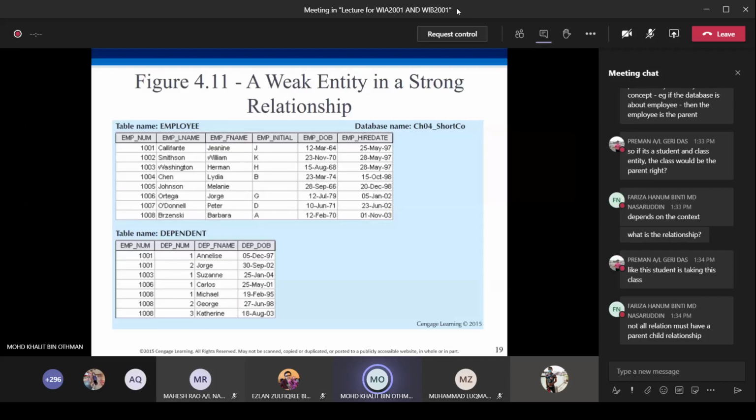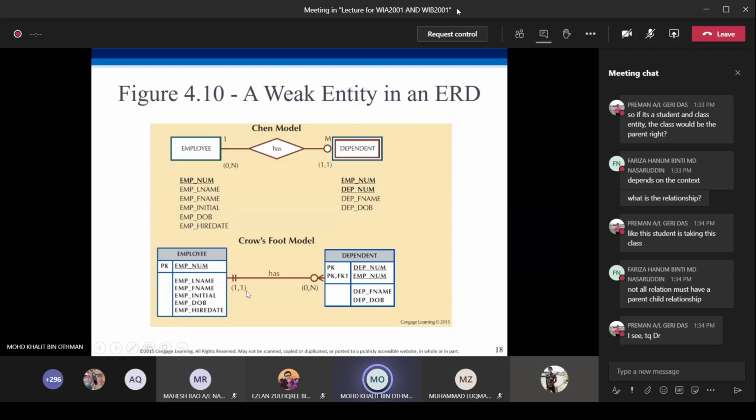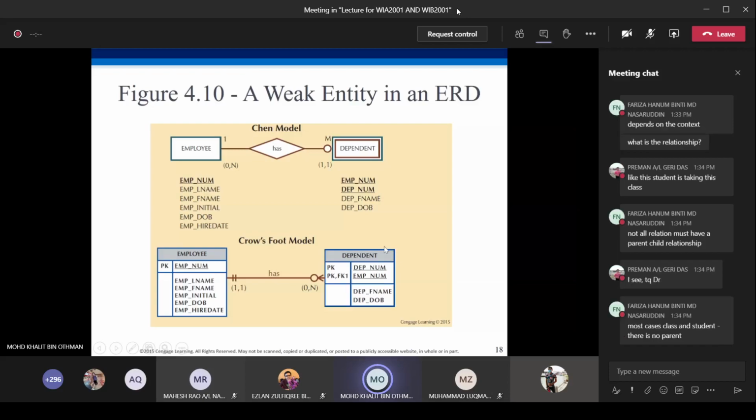Because based on this table, you can see that the primary key or foreign key of entity dependent is composed of two attributes, which is department number and employee number.